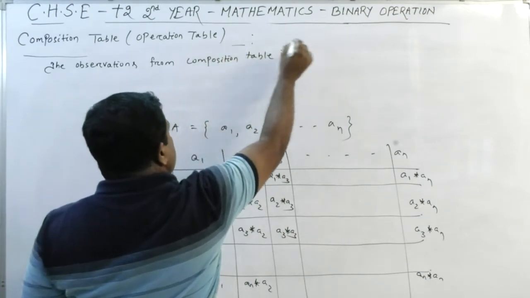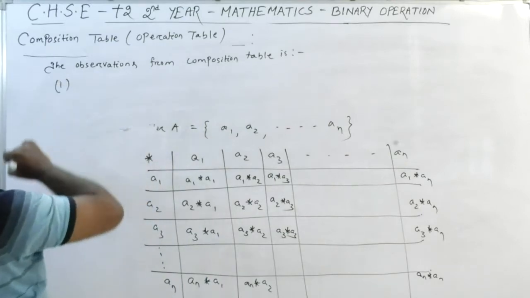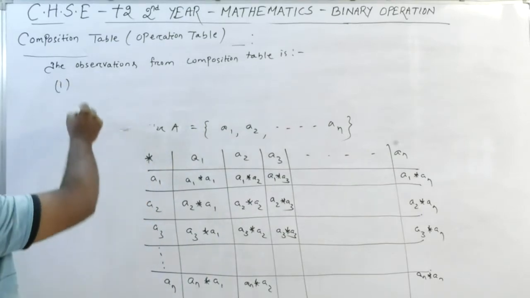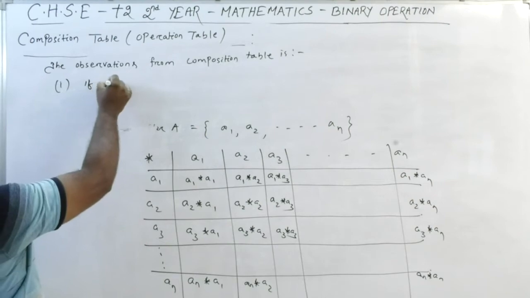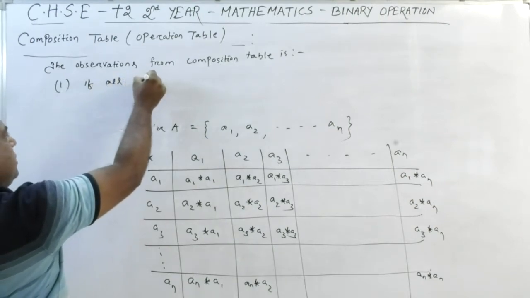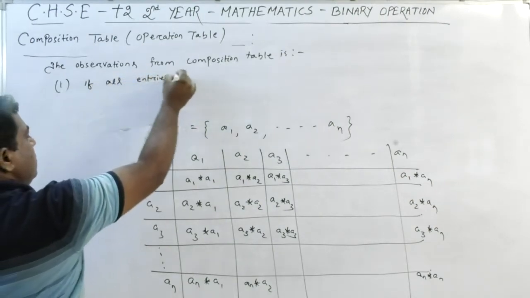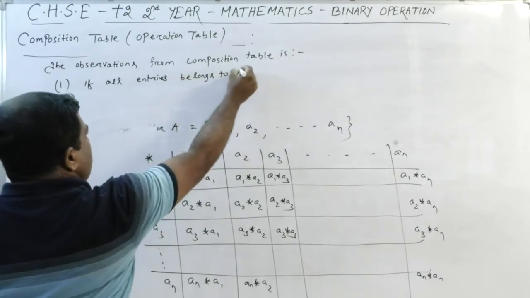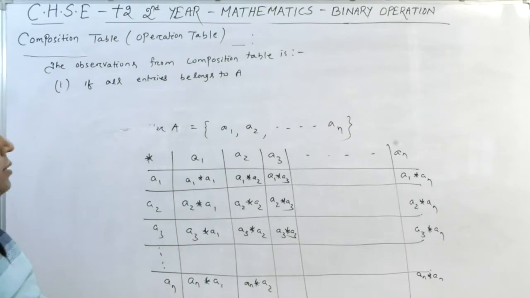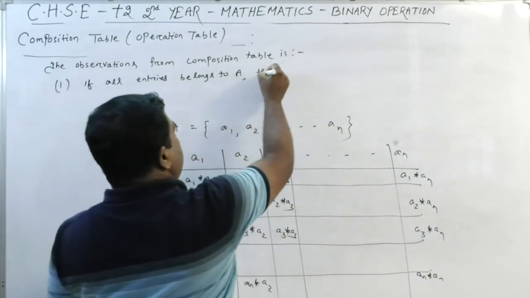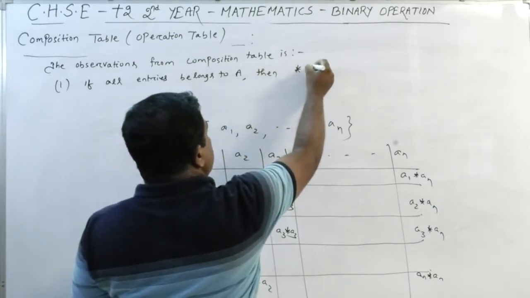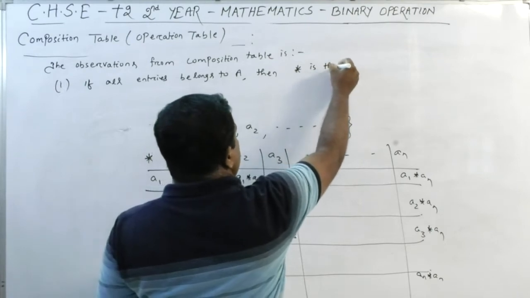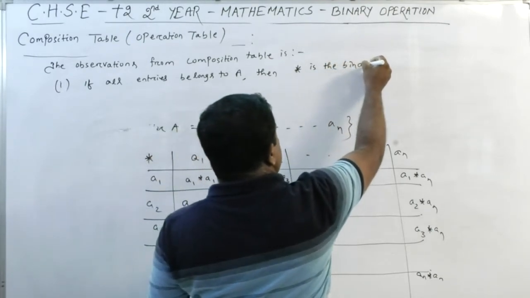If all entries belong to A, then star is a binary operation.